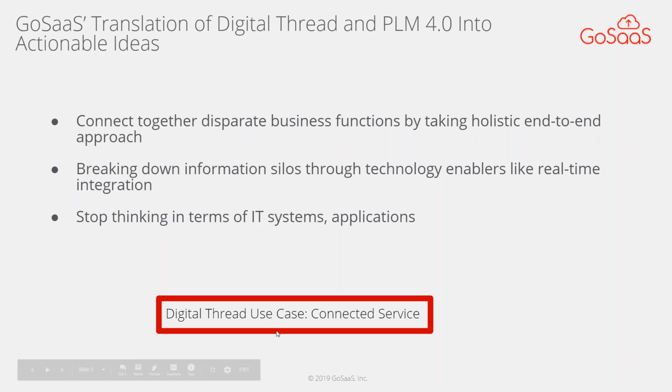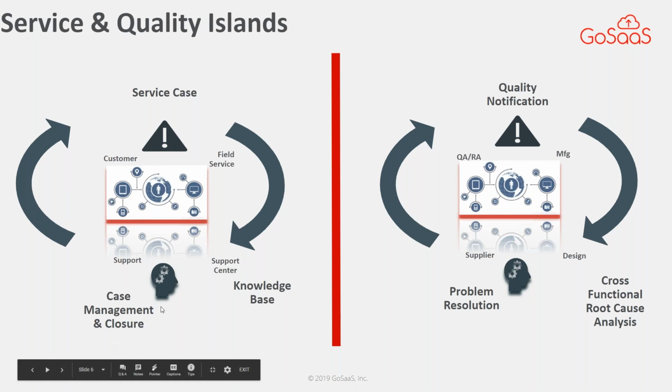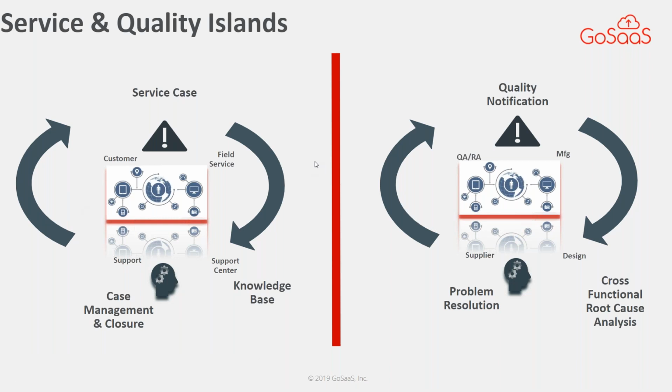The digital thread use case is connected service. What we've typically had is service and quality islands, and these are the two focuses we'll be talking about today. You've got a service case, with customers and field service, support center, knowledge bases, customer support, case management, and closure. And that's been in its own world, its own silo.